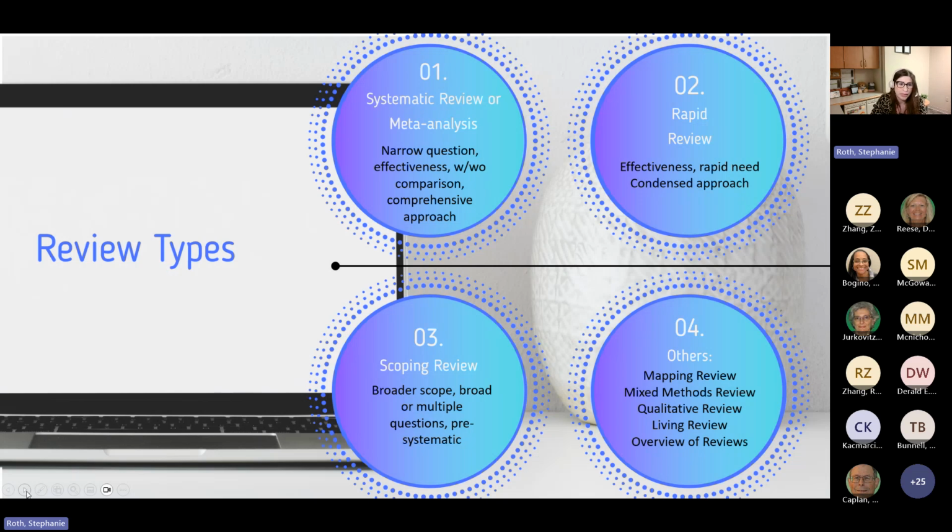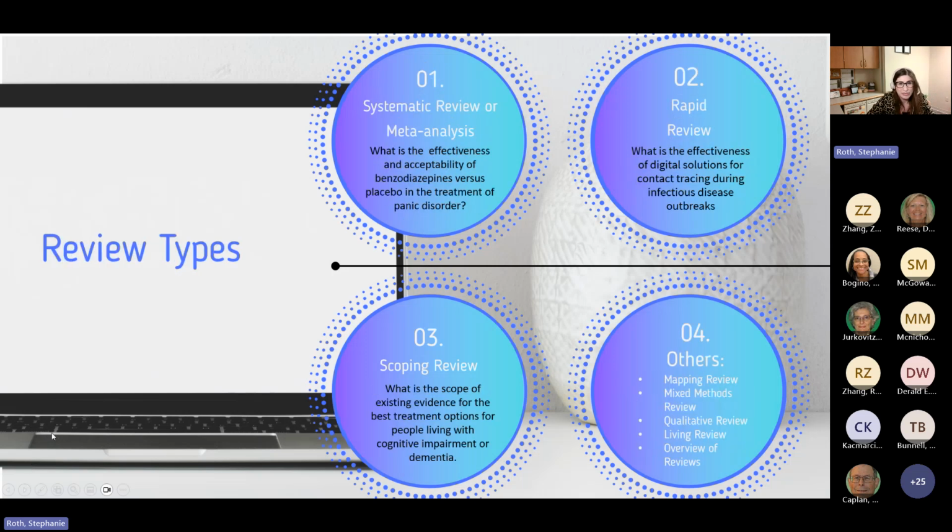Sometimes they do have a stopping point, but they're reviews that are continuously updated at pre-specified intervals. And then overviews of reviews are systematic reviews of systematic reviews. I haven't had to do one yet, actually. But I remember in the beginning, I thought that was just some kind of joke, that there couldn't be a systematic review of systematic reviews, but it does exist. So you can get very, very meta with these.